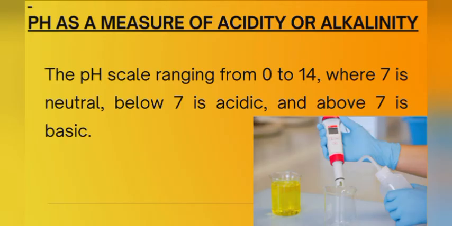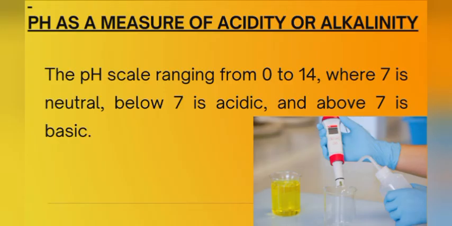The pH has a scale, which I will call the pH scale. The pH scale ranges from 0 to 14. So 7 is the neutral point on the pH scale.